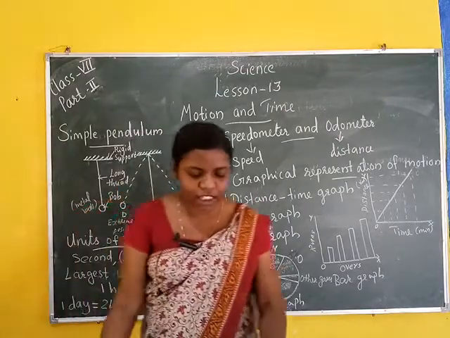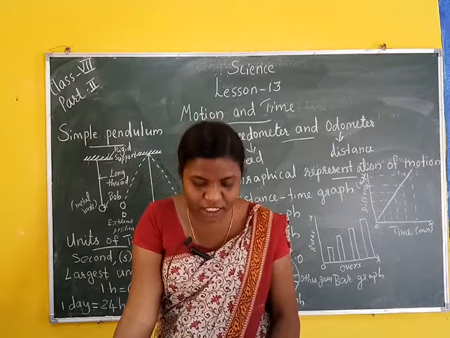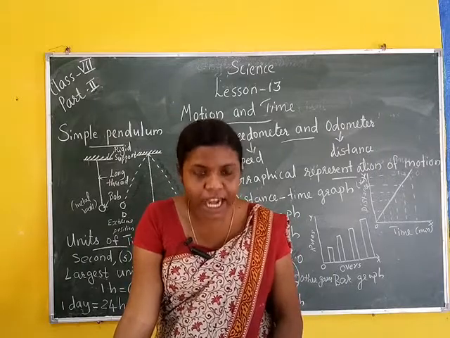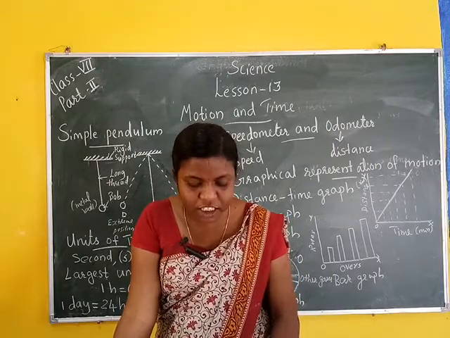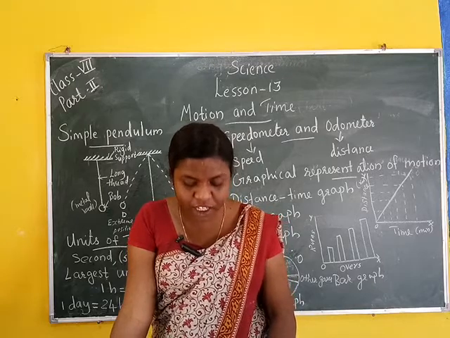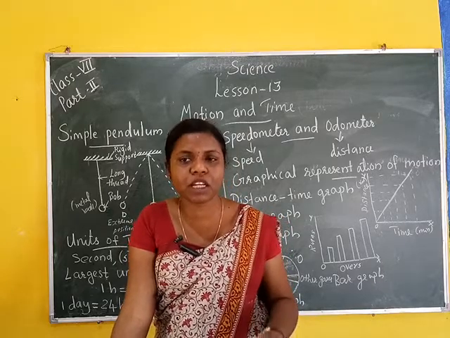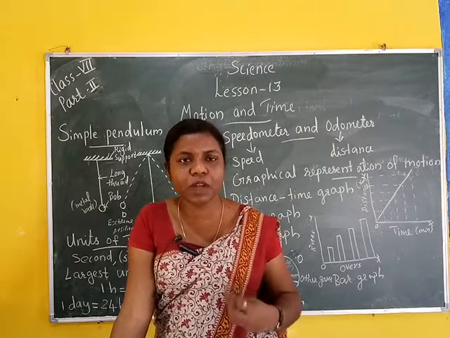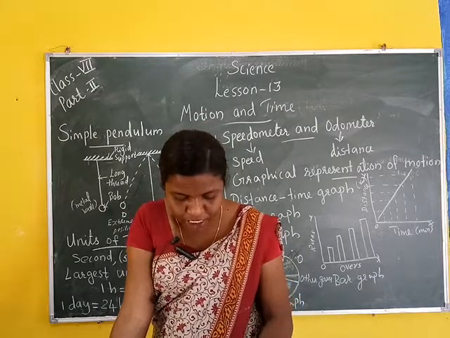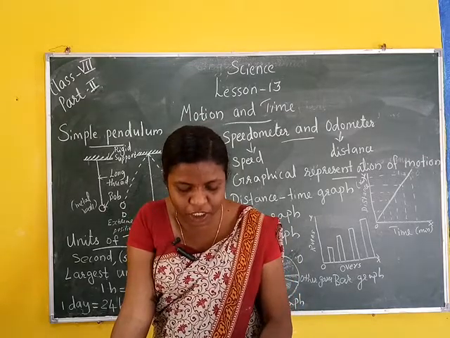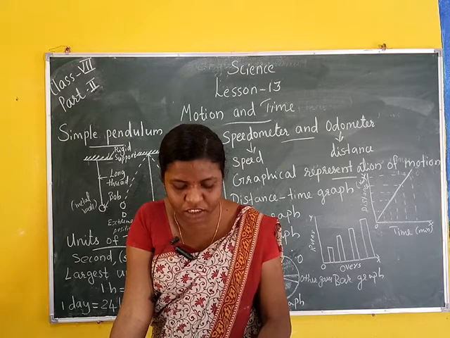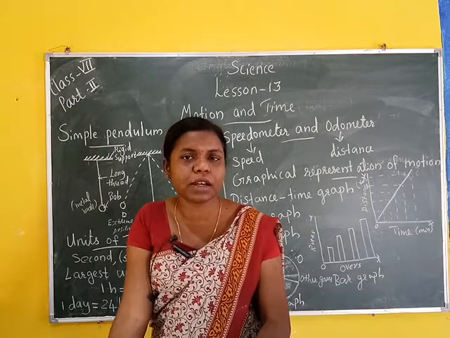Once more, a speedometer is an instrument on a vehicle's dashboard which indicates the speed of the vehicle when it is moving. This instrument tells the speed of the running vehicle at that instant of time in kilometers per hour.